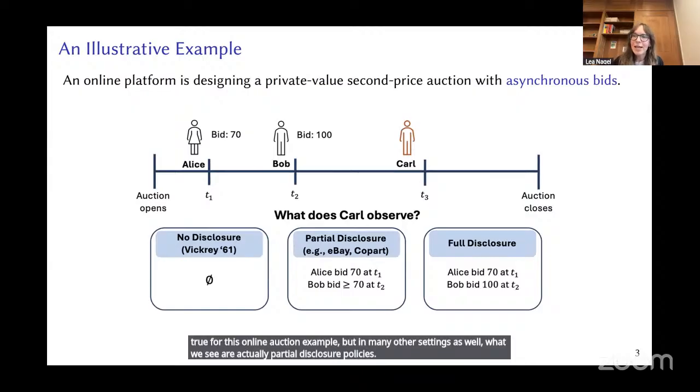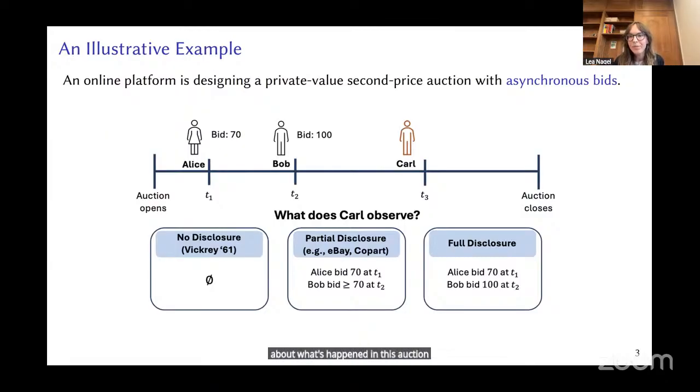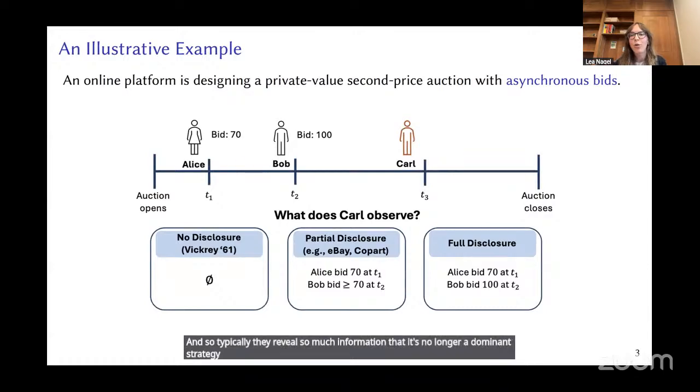For example, online auction platforms reveal some, but not all the information about what's happened in this auction so far. And so typically they reveal so much information that it's no longer a dominant strategy mechanism, but they don't go all the way to full disclosure. So if this were eBay, what would be revealed is that Alice bid 70 at time T1, and then Bob bid weakly above that at time T2.